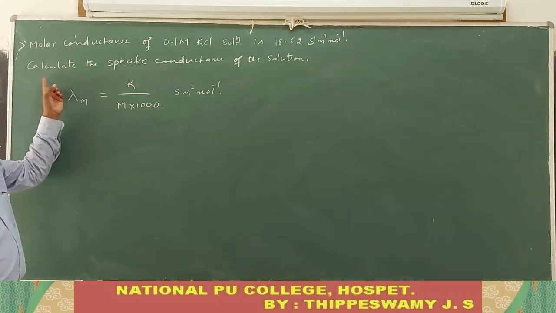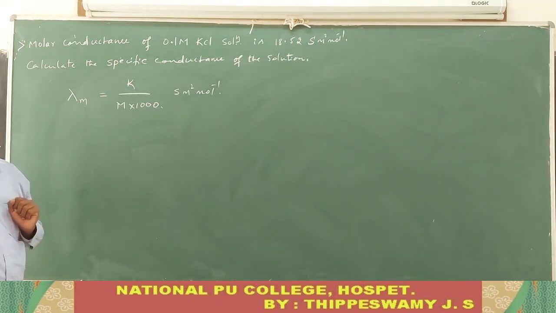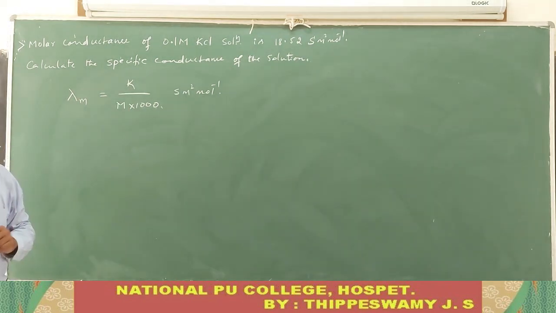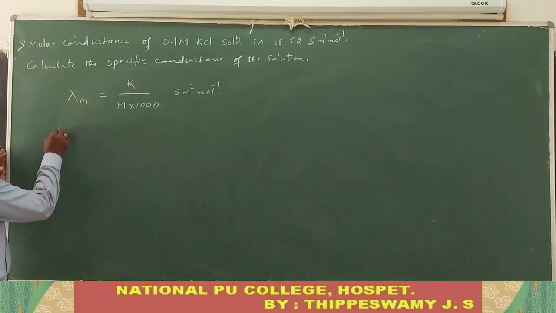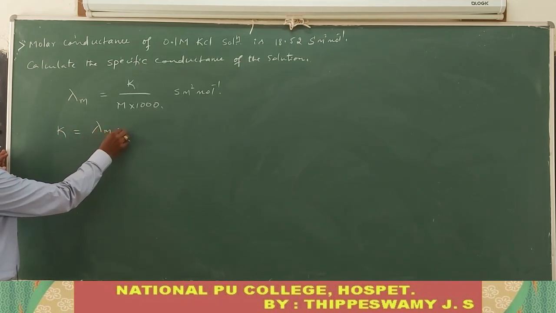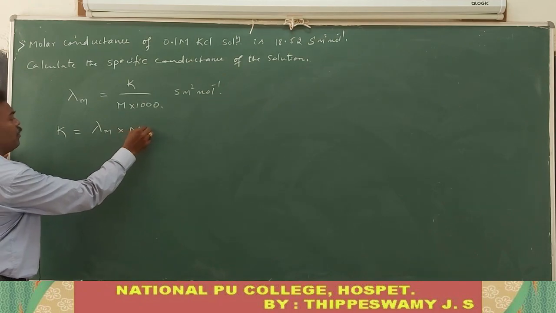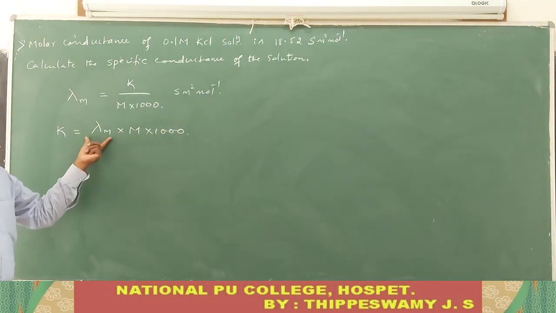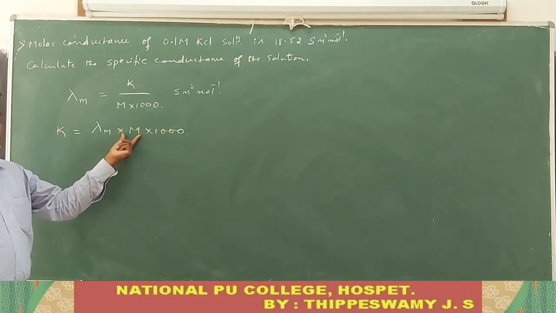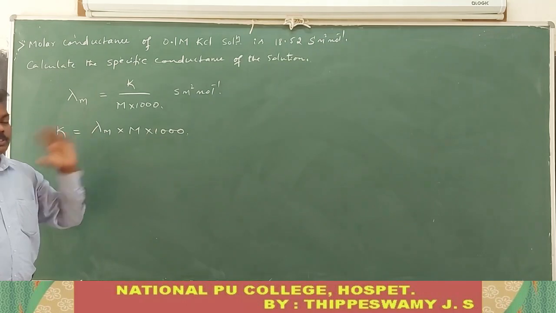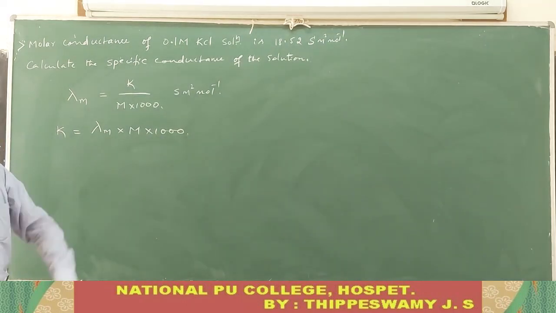Now we shall take the data. Actually we have to calculate the specific conductance of the solution. In the given relation, K is the specific conductivity, so we alter the formula: K is equal to lambda m into M into 1000. Lambda m is molar conductivity, M is concentration in terms of molarity, and 1000 is constant. Now substitute the values.